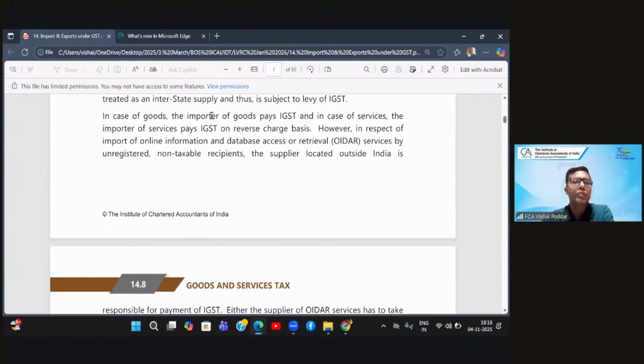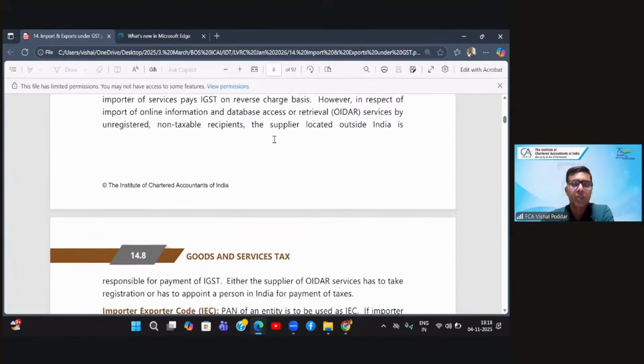Then, in case of goods, the importer pays IGST, and in case of services, the importer pays IGST under reverse charge. Now, in both cases only the importer pays, but the difference is that the importer of goods pays IGST but not under RCM; it pays IGST as per the specific proviso provided in section 5(1). The importer of services pays IGST because the import of services is covered under the RCM notification issued under section 5(3). So this is the difference between import of goods and import of services.